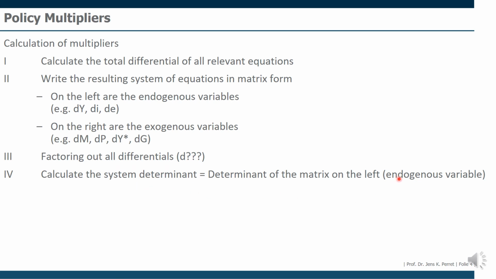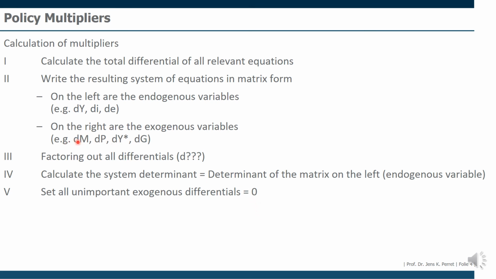That was the matrix for all the endogenous variables. Once we have this, we only need one additional step, and in this step we are setting all of the exogenous differentials, which we don't need, equal to 0.